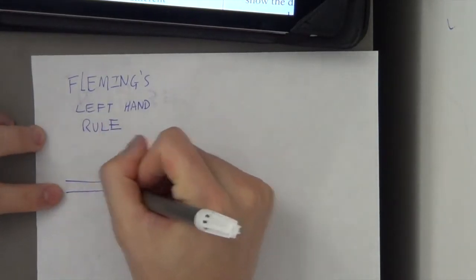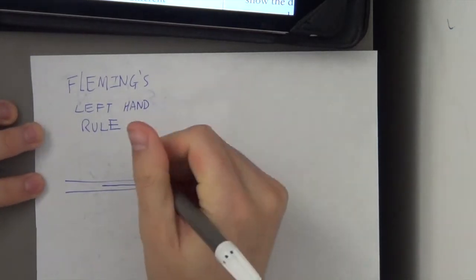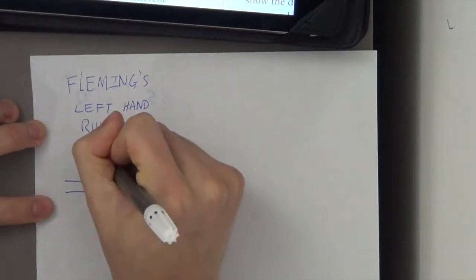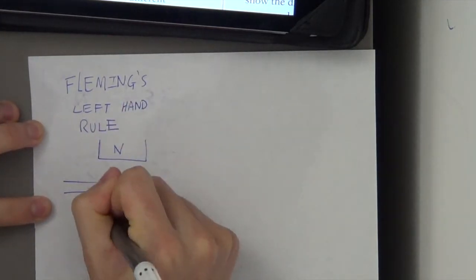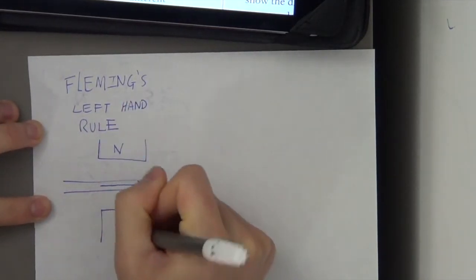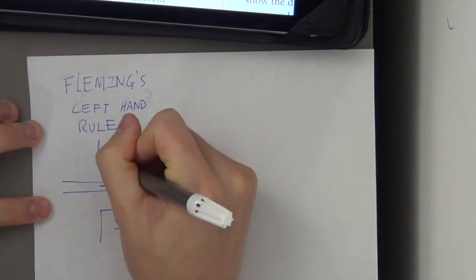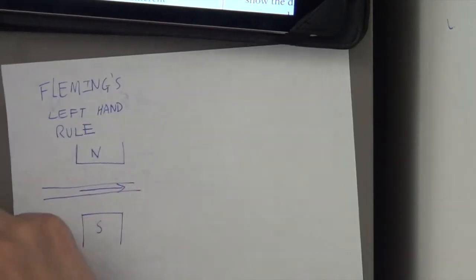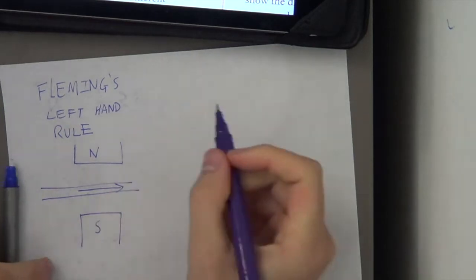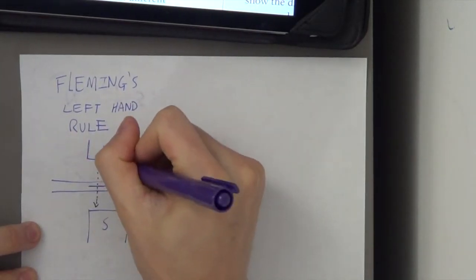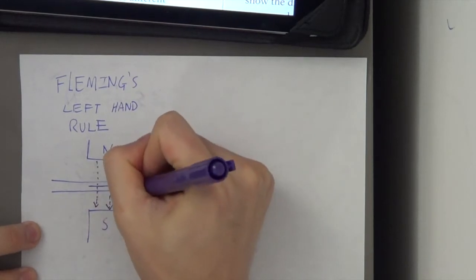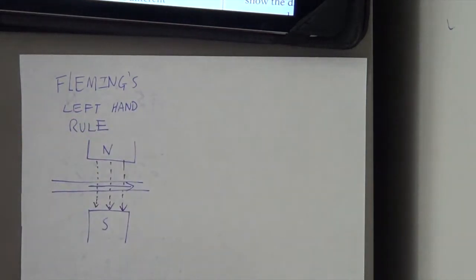It's going from left to right. Now, if I have a north pole magnet there, and a south pole magnet here, my magnetic field is going to go from north to south, like that. That's just the way a magnetic field works.